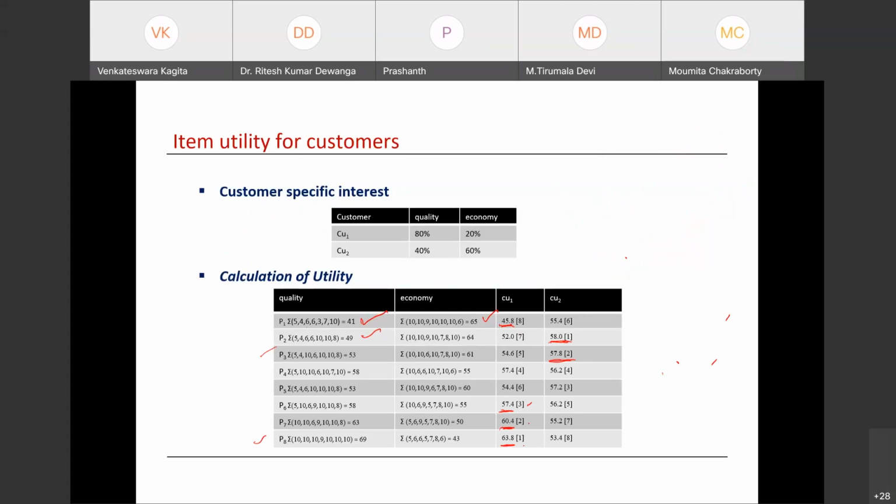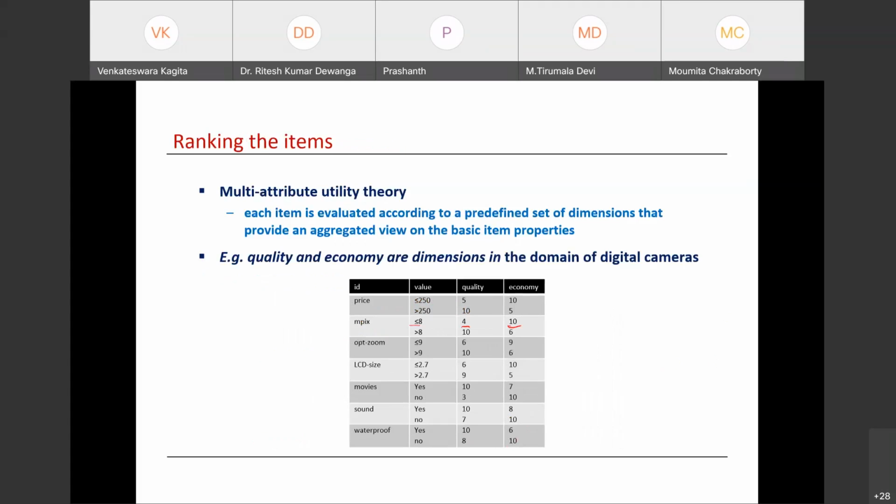Preferences means the knowledge model: how much preference I give for quality, how much for economy, which is defined in the knowledge model. So the knowledge model is also an input, and the database of objects is also an input. And in between, whatever we have got now is from the domain experts. So you need domain experts to define these quality and economy parameters. Yes, sir, got this. Thank you, sir.